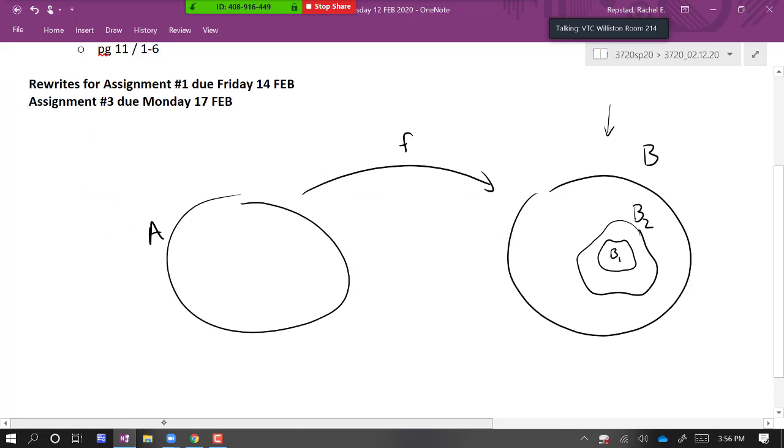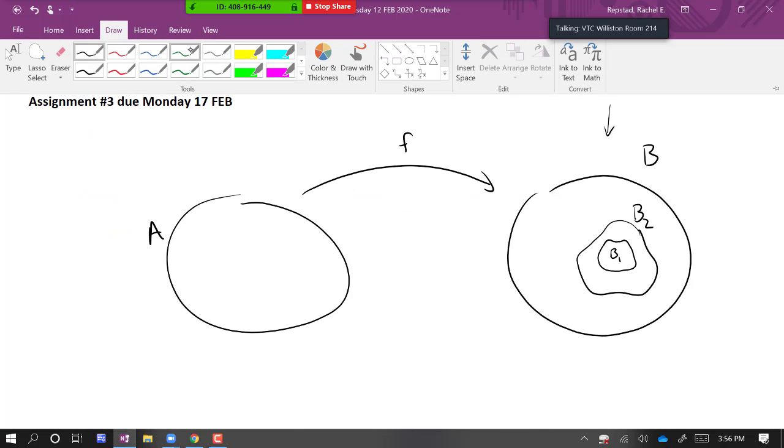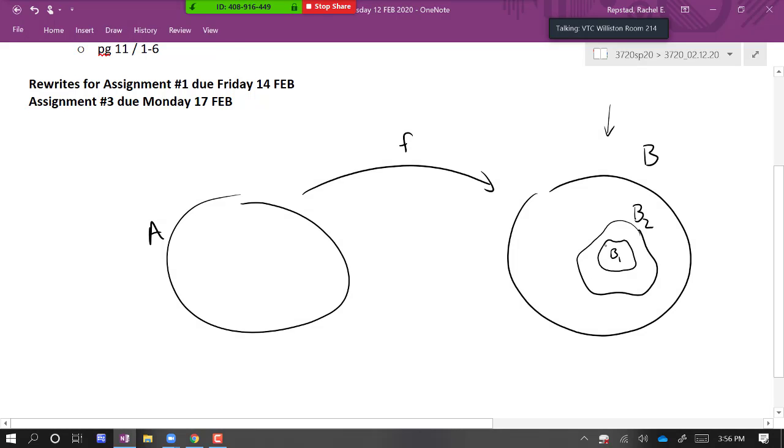What we're hoping to show, and I'm going to write this in gray because it is not a given, is that if I pull back and look at all the stuff in A that maps to B1, so that's the pullback or the preimage of B1, that has got to be contained in the set of all the things that map into B2.